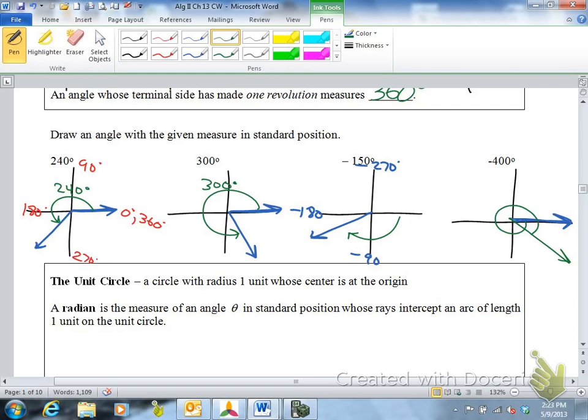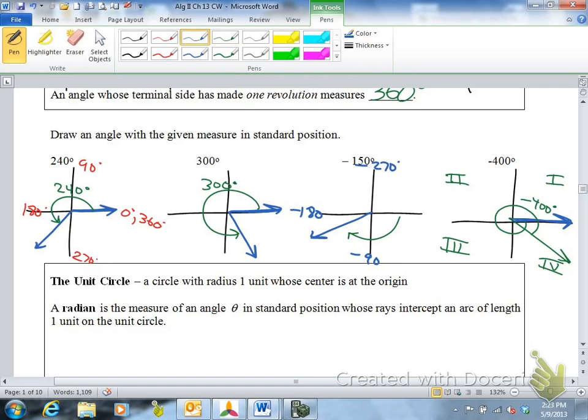We would put negative 400 degrees down here in the fourth quadrant. Just to remind you of the quadrants: first, second, third, fourth. So negative 400 is in the fourth quadrant. So that's drawing angles. We'll do more drawing angles later in class. Hopefully that's not too difficult for you.